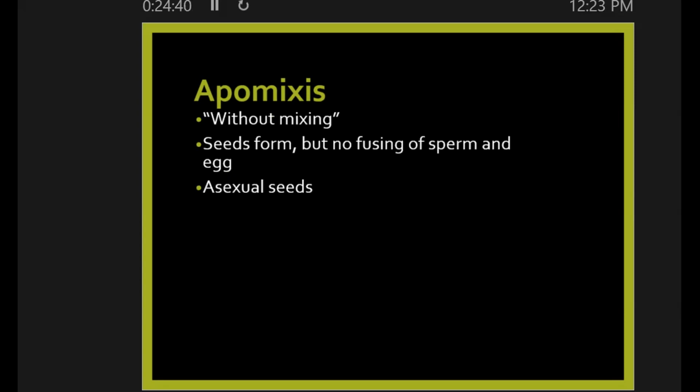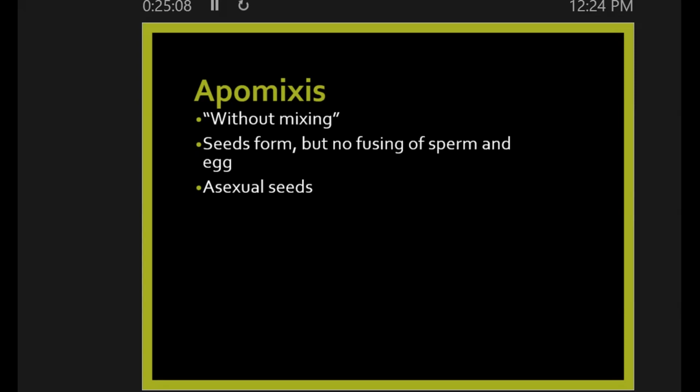Once they figured out that this was happening, they got super excited about it, because say you come upon the perfect corn plant, this corn plant is just awesome, and I want to make acres and acres of this exact plant. If you can get them to go through apomixis and produce a bunch of asexual seeds, you'll get that plant over and over and over.